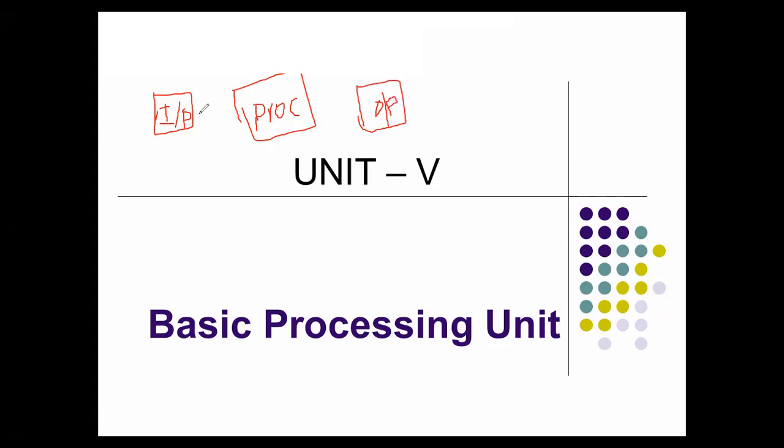Whenever we give input to the processor, whatever operation we require is performed in the processor, and we get the output, which is given to the output section. That is already known by us.